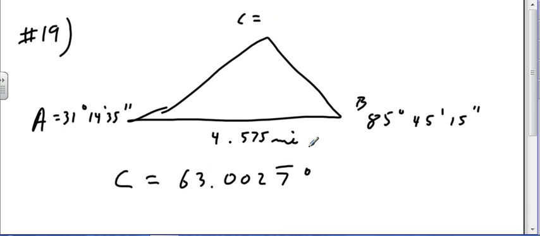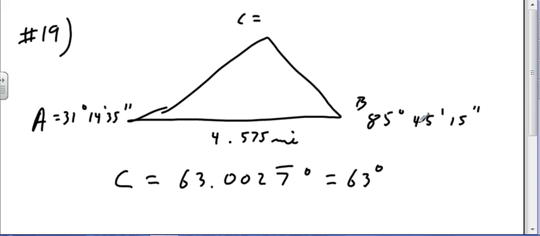All right. So we're going to subtract 63, and then we're going to multiply our answer by 60. Okay, and we're going to see that we don't have any. How can we not have any?